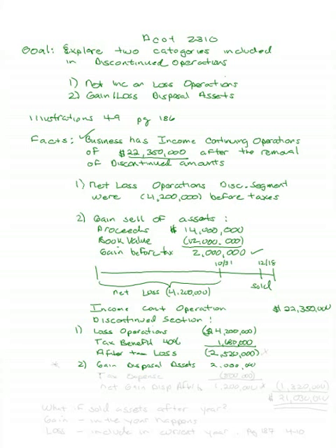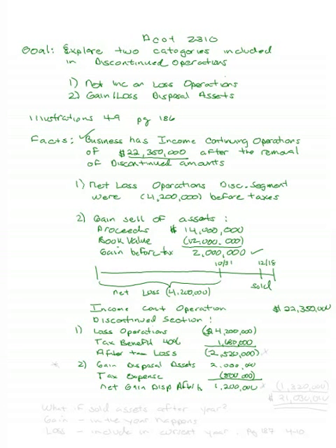And then there's a tax expense related to that gain in the amount of $800,000. So our net gain on disposal after tax is $1,200,000. So we have our two pieces done.